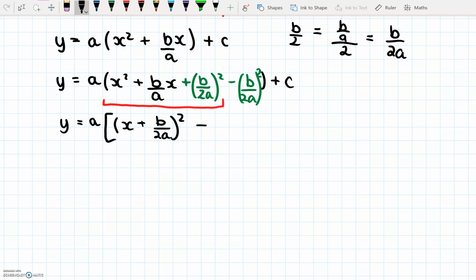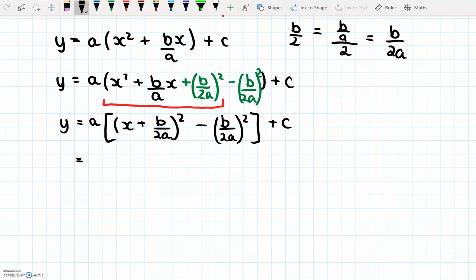Then we still have our minus b over 2a squared, and then we can close these square brackets, plus c. At this point we already kind of have our answer, but to be fair, we should simplify it properly.